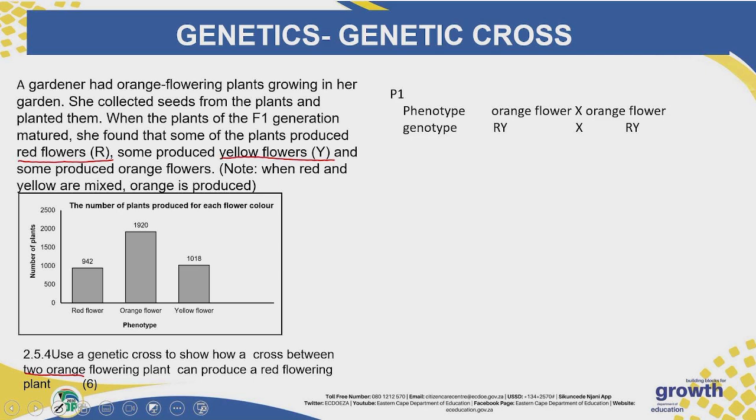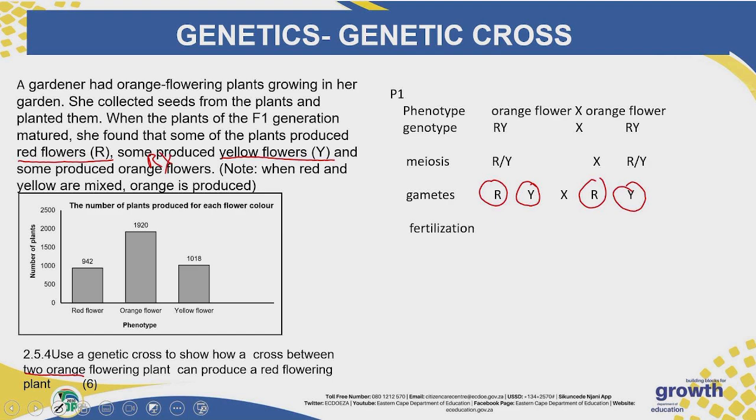That means that when we have orange, our orange must be RY, right? So orange is represented by RY, that is the genotype, and then we have meiosis, which is going to form the gametes, which will be the R and the Y from that parent, and then you have another R and Y from that flower.